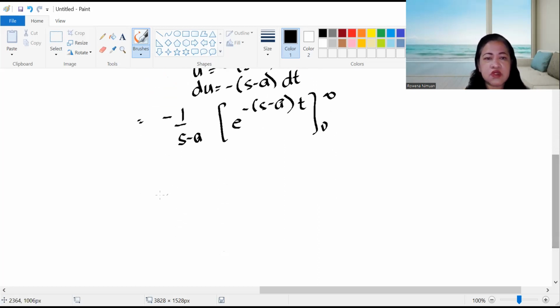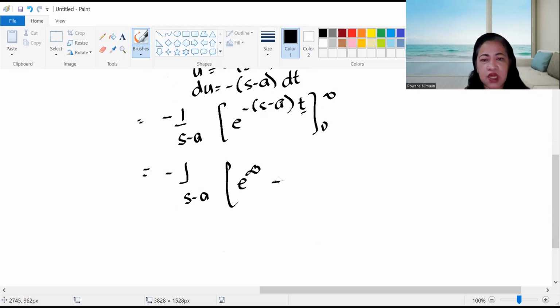Now this will become 1 over (s minus a). If we substitute infinity for t, that will become e to the negative infinity, which is 0, and for the lower limit, e to the 0.